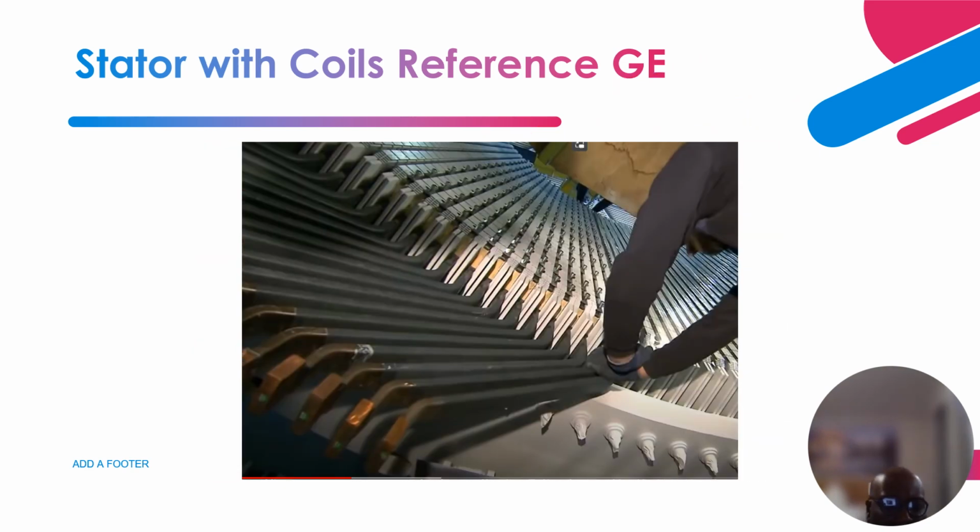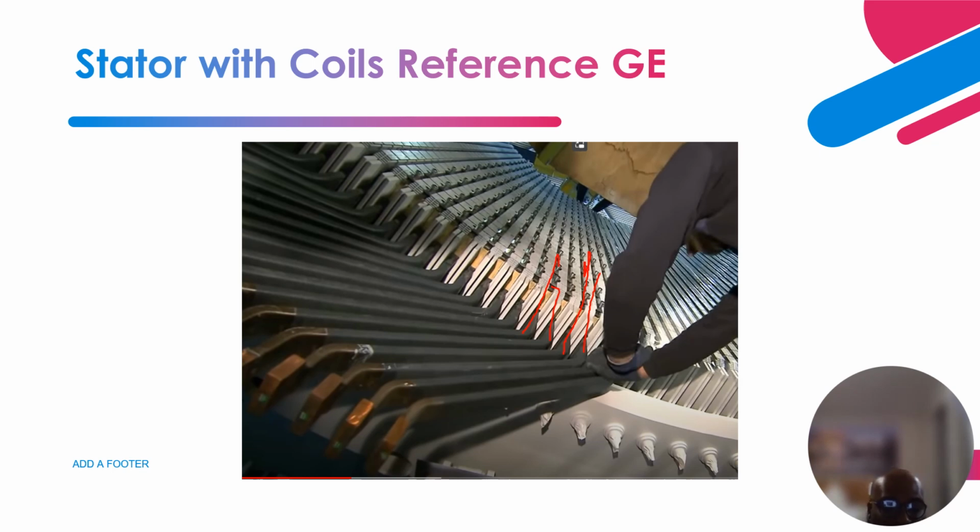They say pictures are worth more than 1,000 words. So this is the coil slots that I was talking about. This is where the coils go through. You can have a top coil and bottom coil, depending on the size of the generator.